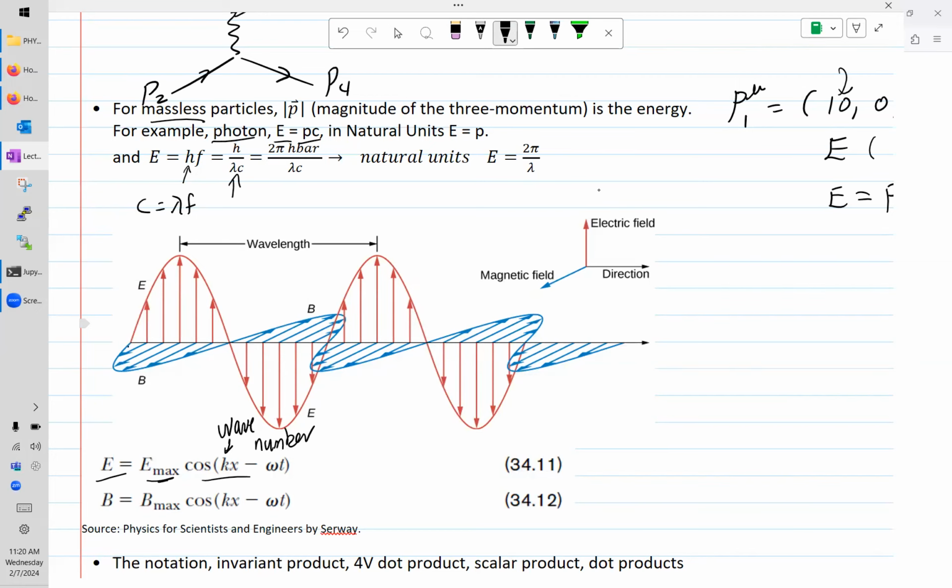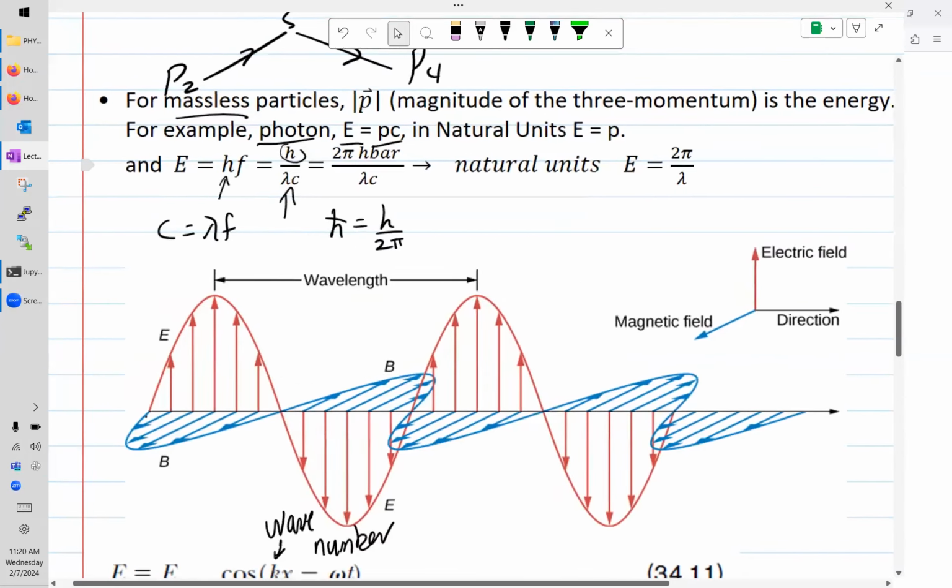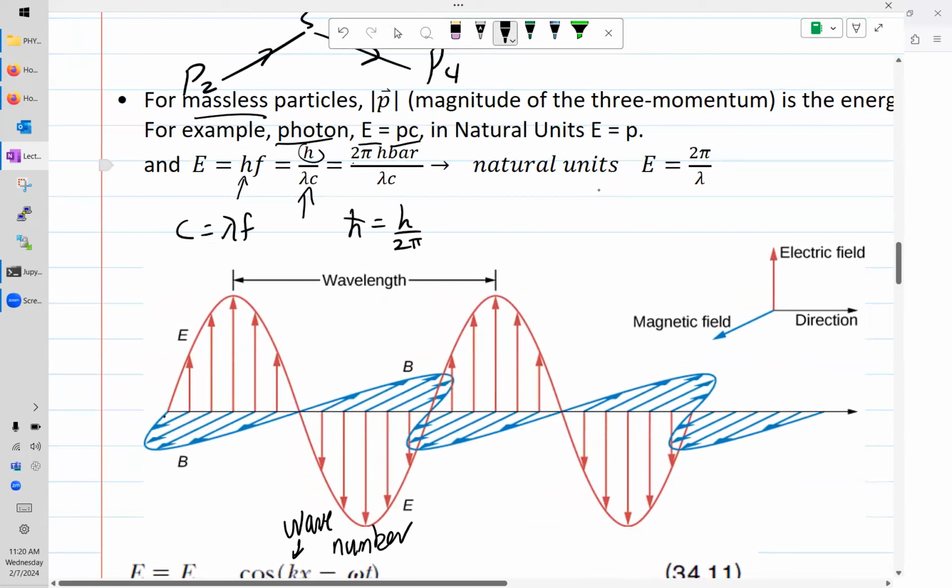Of course, h bar is related to h by just over 2 pi, so I can get rid of this h and put an h bar with a 2 pi in front. That's the same value.